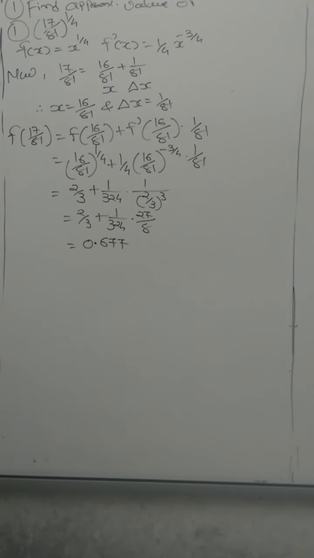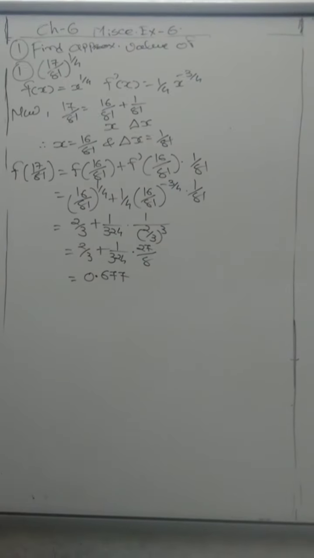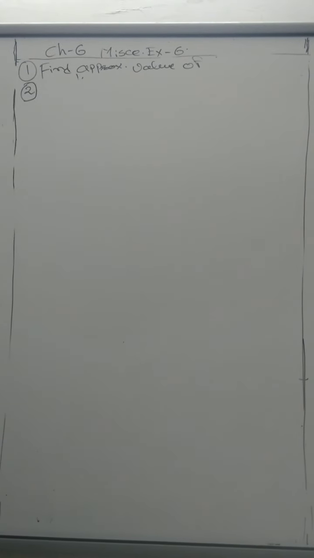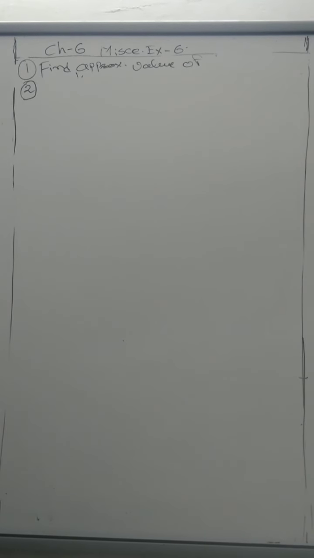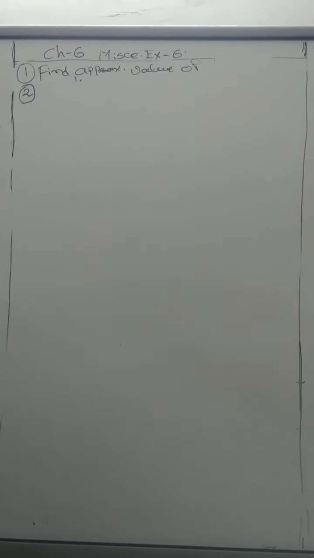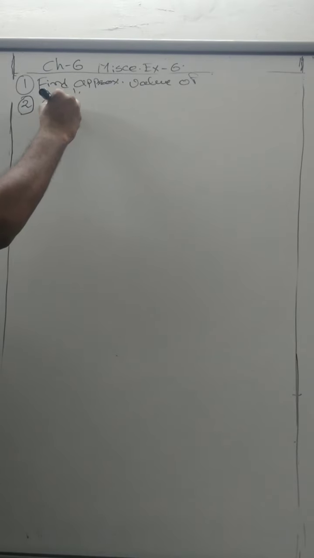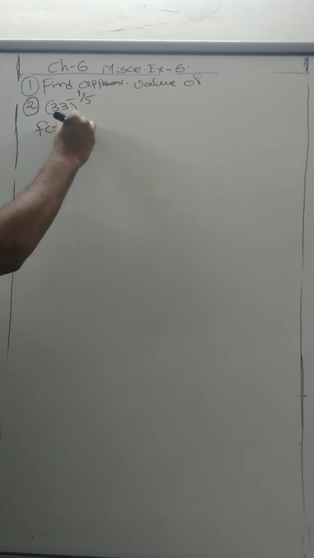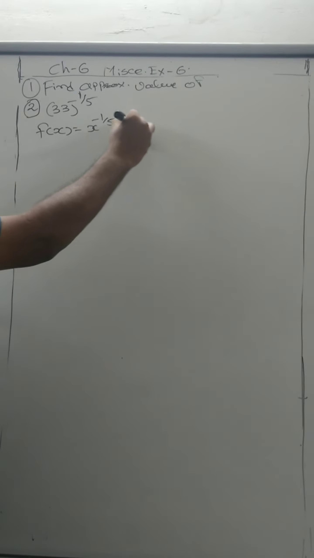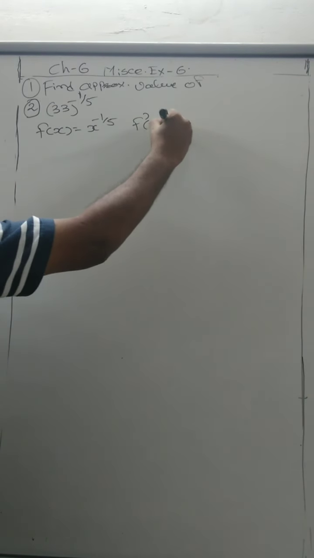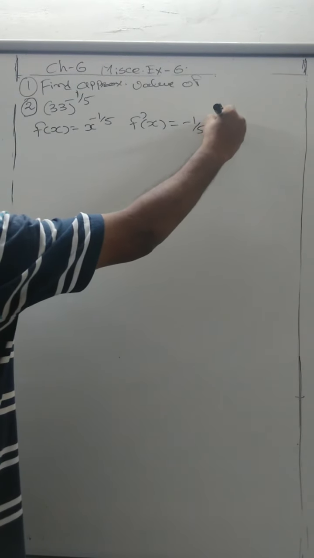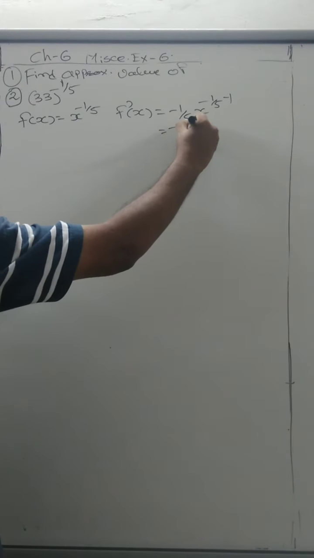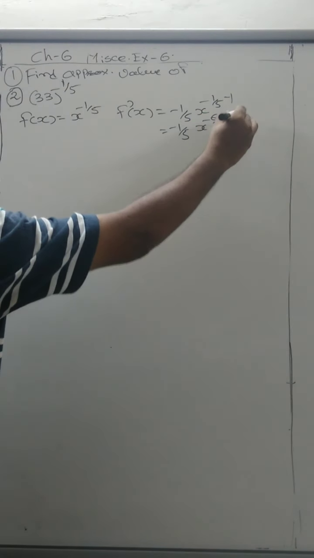Okay, now we go for the next one. Next sum is (33)^(-1/5). First, f(x) = x^(-1/5), f'(x) = (-1/5)x^(-1/5 - 1) = (-1/5)x^(-6/5).